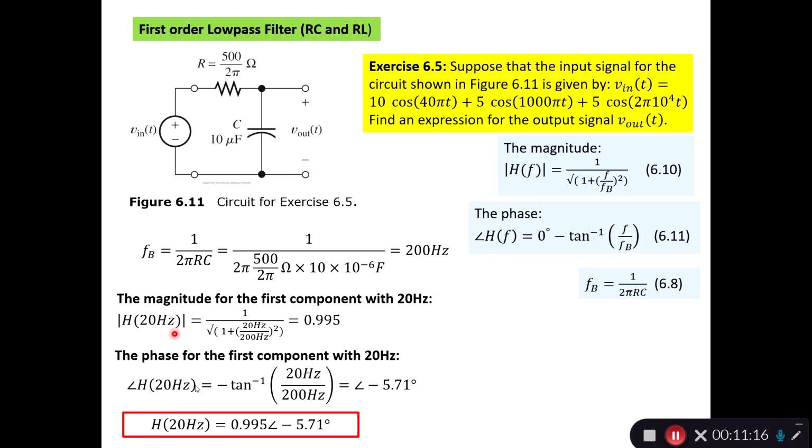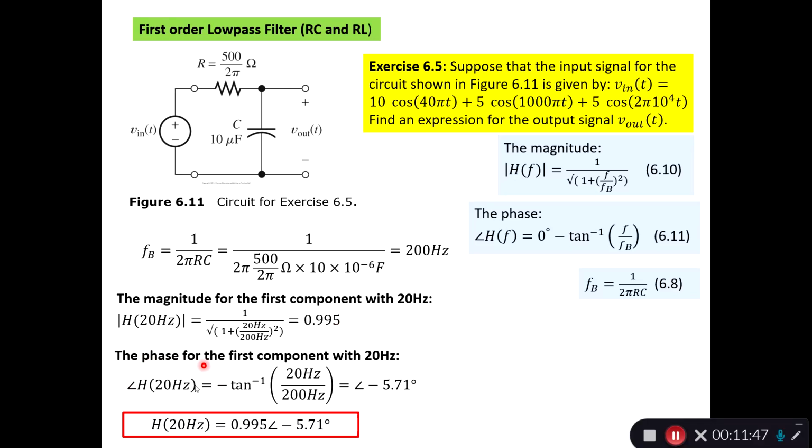And then I can find the magnitude of the filter and the phase of the filter for 20 hertz. That's the part of the transfer function. So I apply 20 hertz here as the running frequency, and I have a breakpoint of 200 hertz here. That gives me a factor of 0.995.